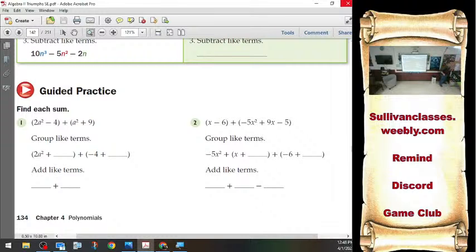Micah, what is 2 apples plus 1 apple? 3 apples.